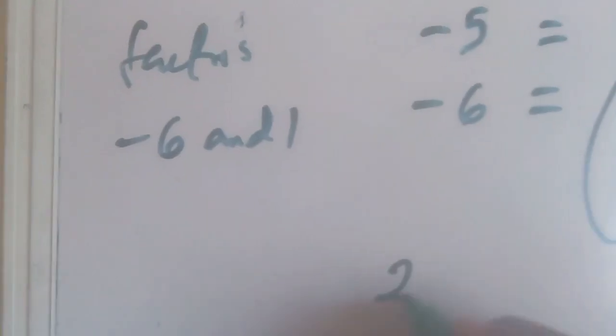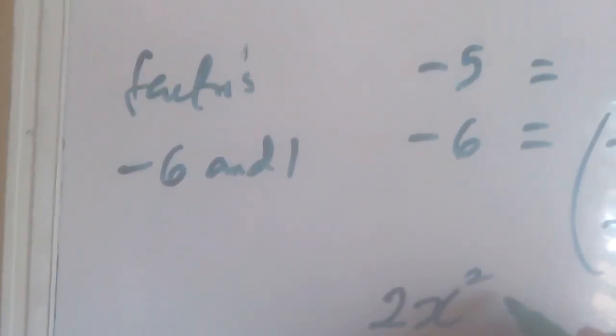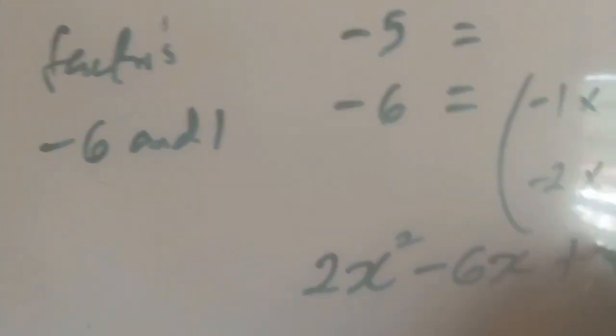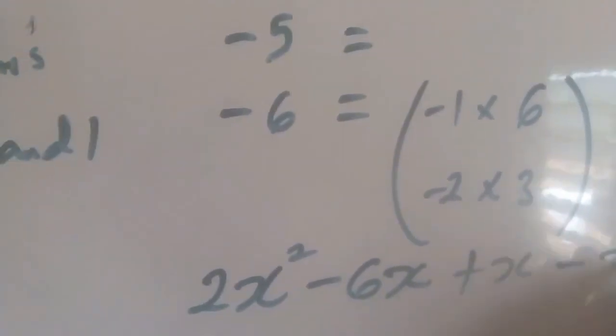So we are going to write it as 2x squared minus 6x plus x minus 3.